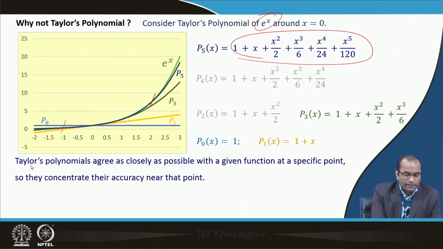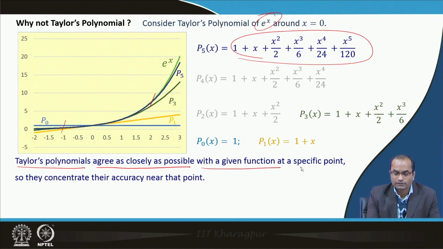So, the main issues here are that the Taylor polynomials agree as closely as possible with a given function at a specific point, which was the point of expansion, or in other words we say that they concentrate their accuracy near that point. So, as we are going far away from that point, the accuracy is not at all good, but in the close neighborhood of that point the accuracy is very good.